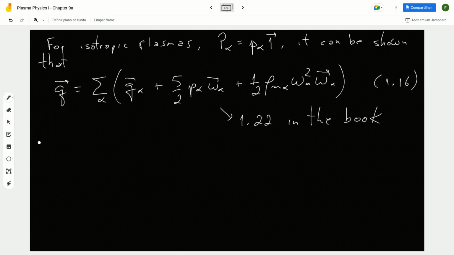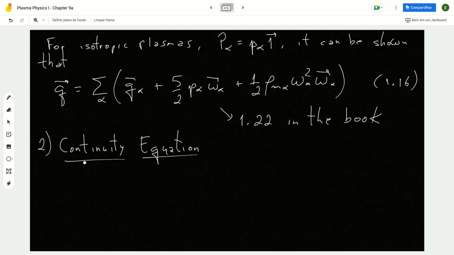Okay, now let's start with the real thing, the continuity equation. We will derive the magnetohydrodynamic equations starting with this one.